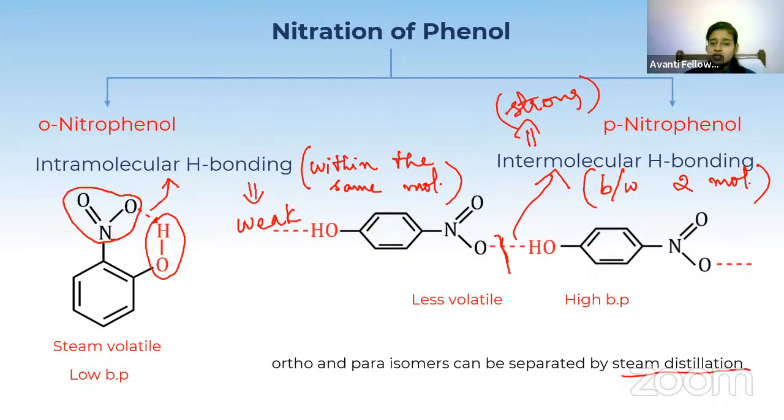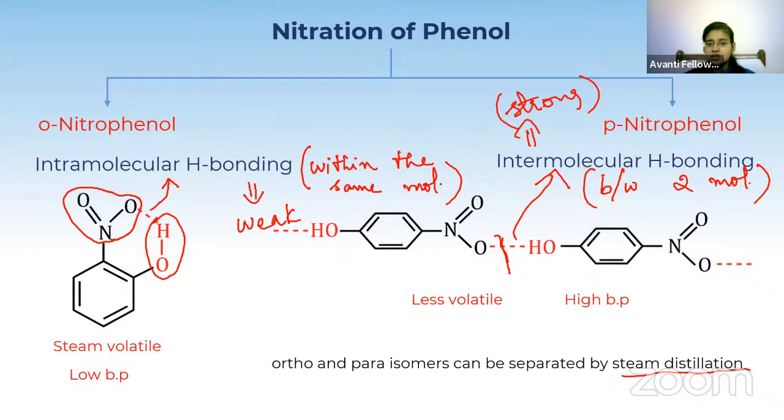At a very low temperature, ortho-nitrophenol will come first, so you can separate it from the reaction mixture, and later only para-nitrophenol will be left at the bottom of the container. So you can use steam distillation to separate the compounds.